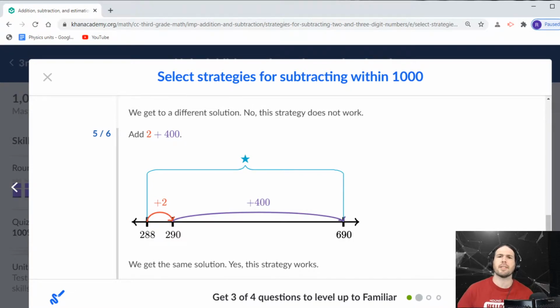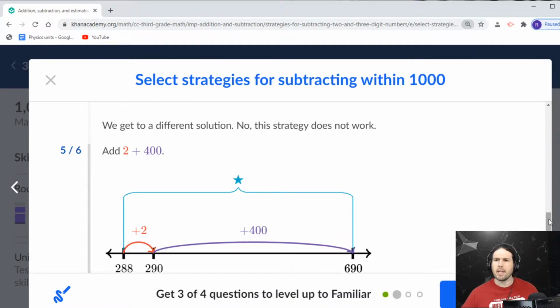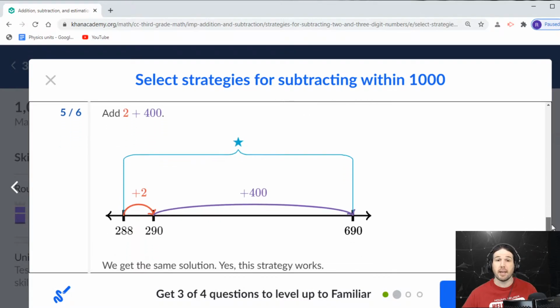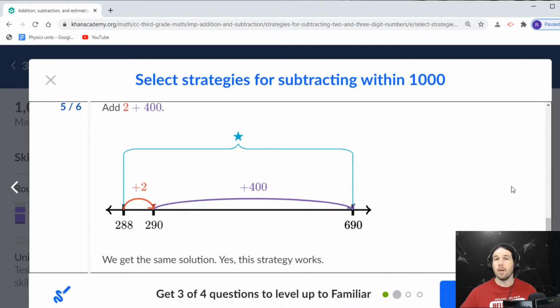And this is rare. I'm going to zoom in a little bit because what this seems to be saying to me is that because we got the same solution, the strategy works. I don't know what this strategy is. I don't understand where they came up with 2 and 400.